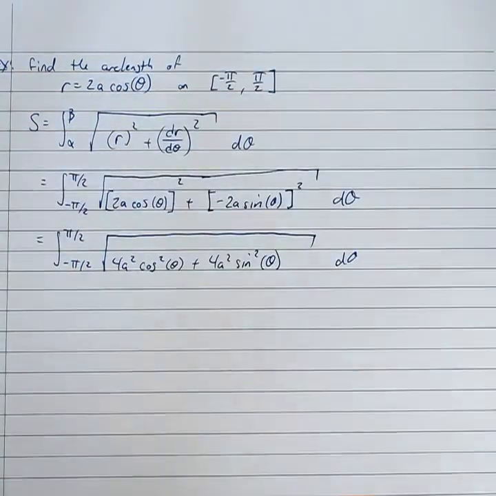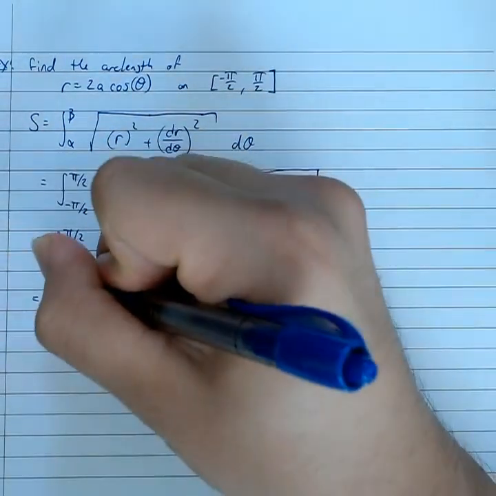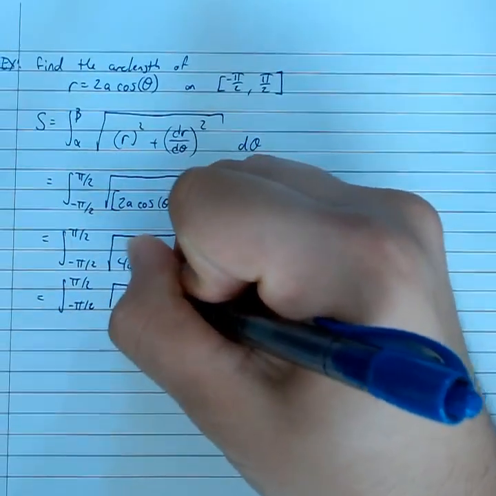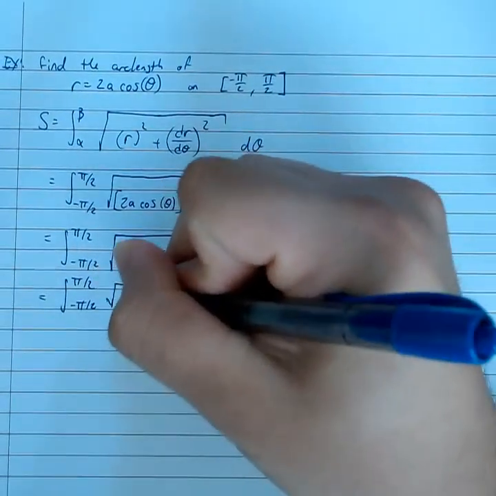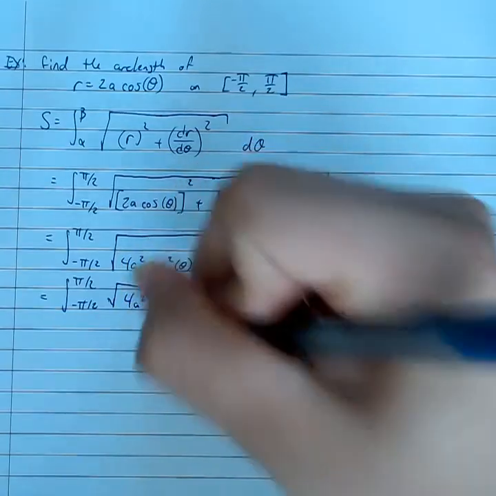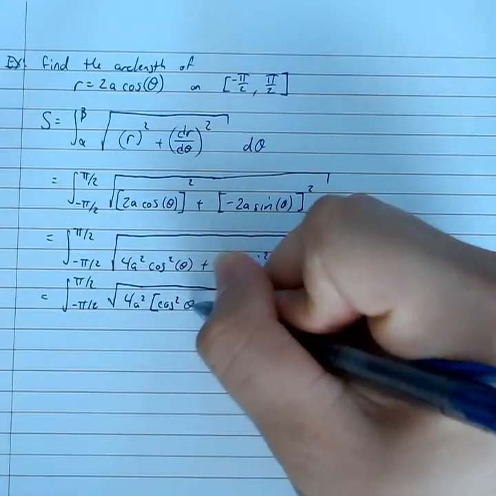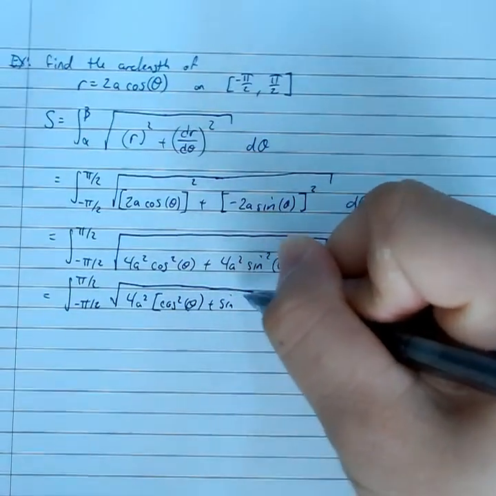Notice I have a common factor of 4a squared, so I can write this as the integral from minus pi over 2 to positive pi over 2 of the square root of 4a squared, and when I factor out 4a squared, I get cosine squared of theta plus sine squared of theta, d theta.